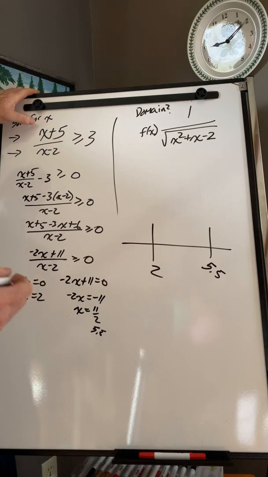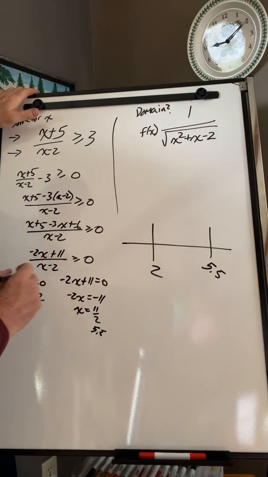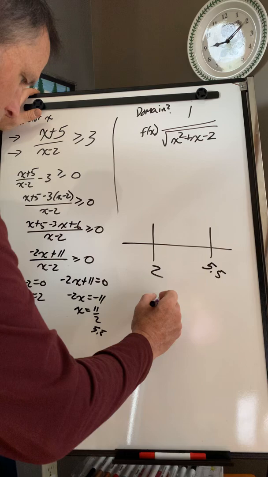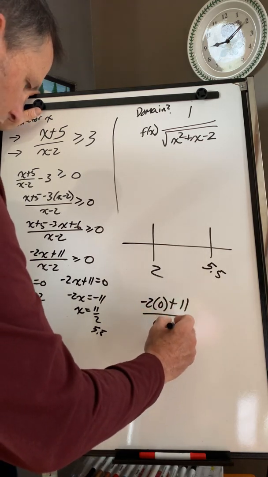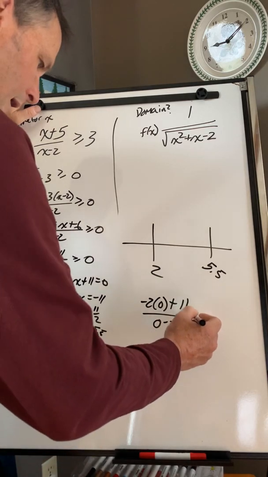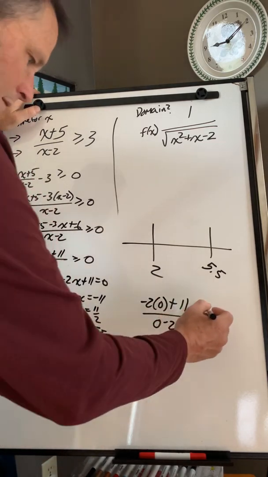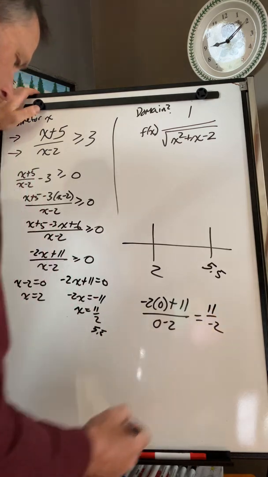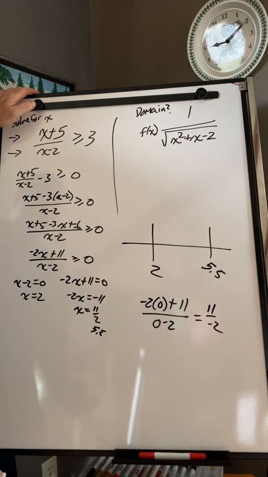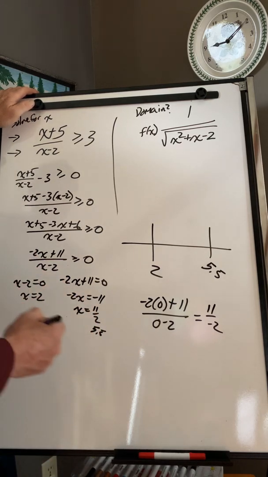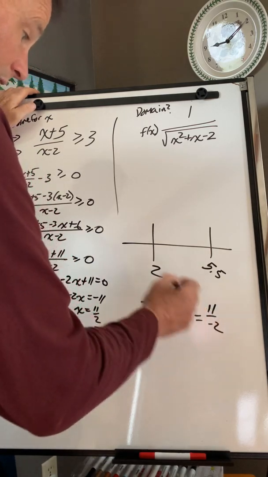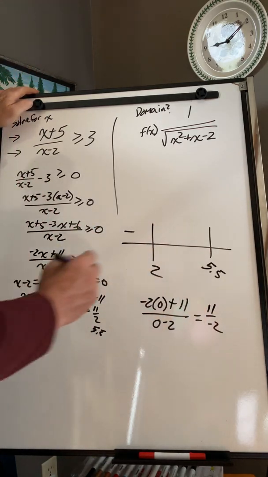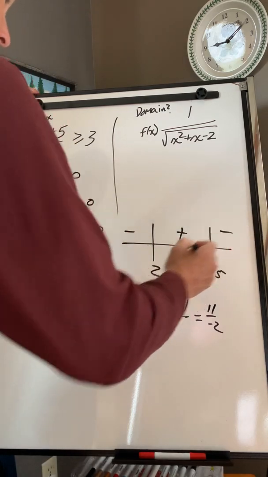We sub that into (-2x + 11)/(x - 2), so -2(0) + 11 over 0 - 2, and that's going to give us 11 over -2. So that's a negative. So that makes that negative, this positive, that negative.